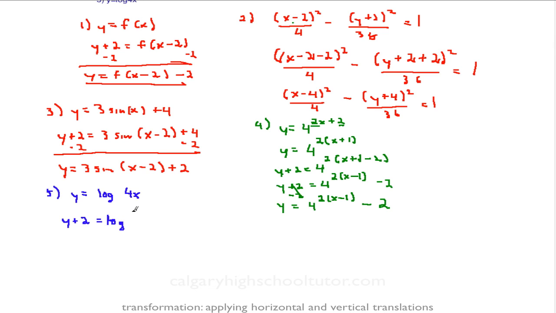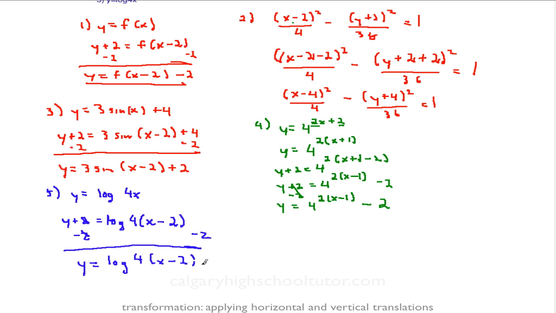Since we have a coefficient 4, we factor out that 4 from x, and substitute x as x minus 2. We need to solve for y, so we subtract 2 from both sides. The final equation of this transformed log function will be y is equal to log of 4 times x minus 2, minus 2.